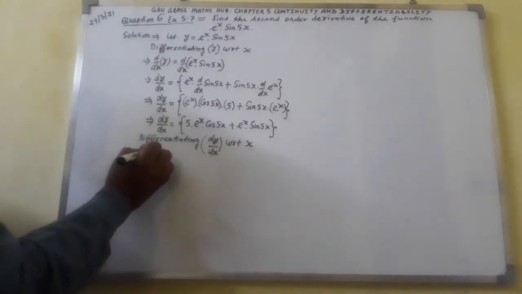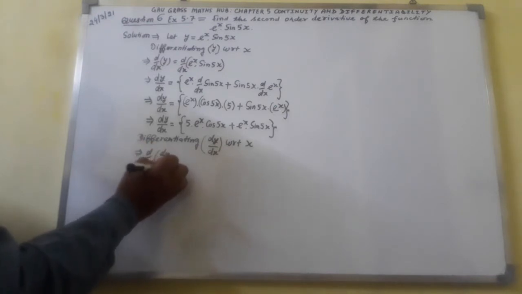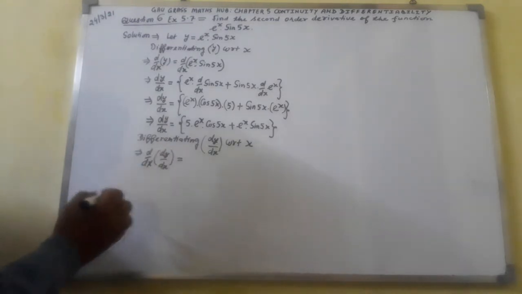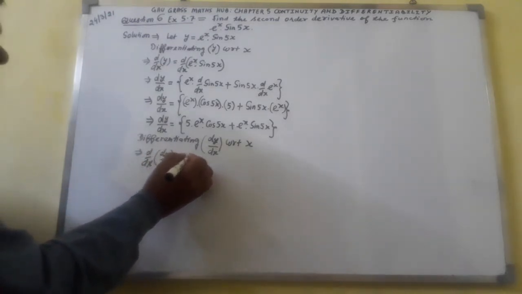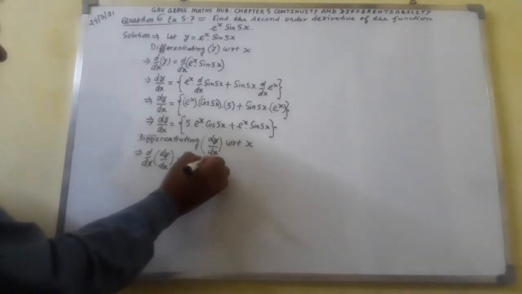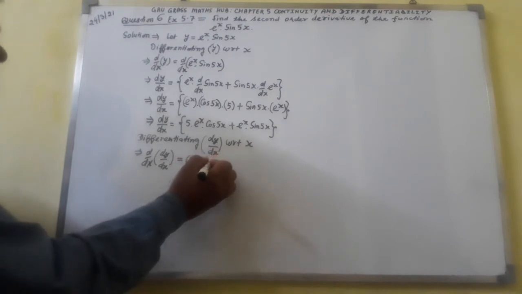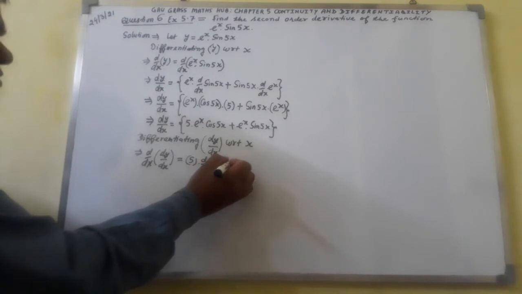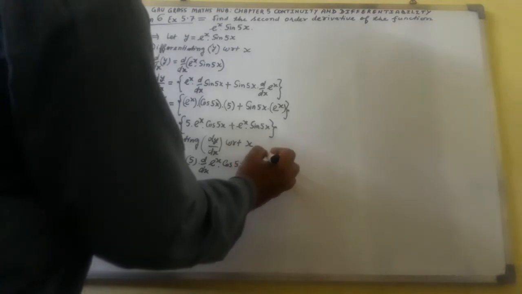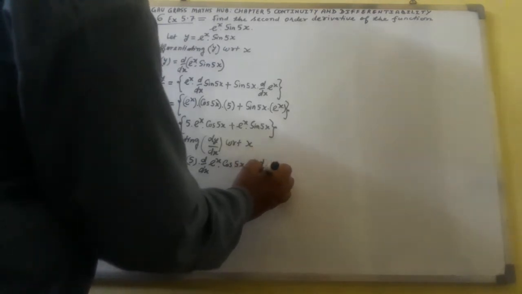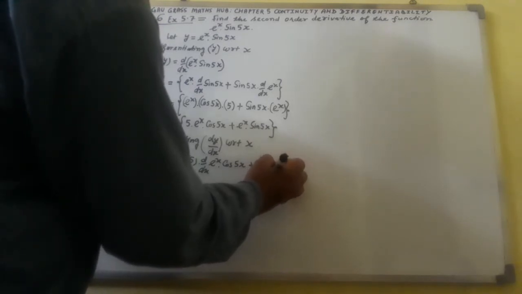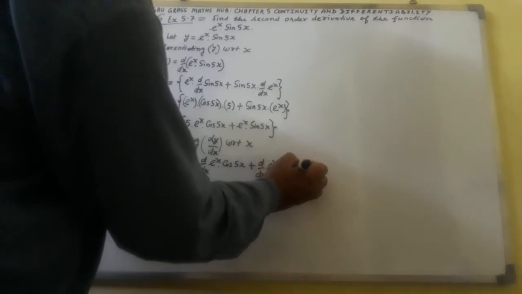So here I shall write, implied that d over dx of dy over dx is equal to 5, I shall write in bracket, dot d over dx of e raised to the power x dot cos 5x, plus d over dx of e raised to the power x dot sin 5x.